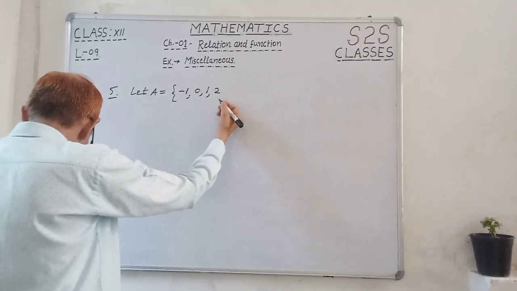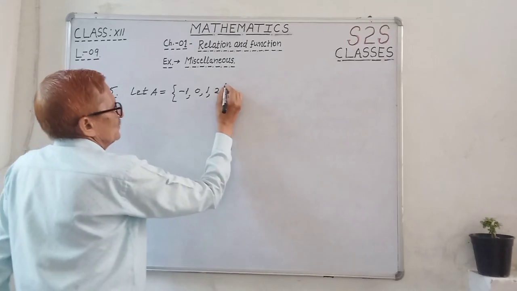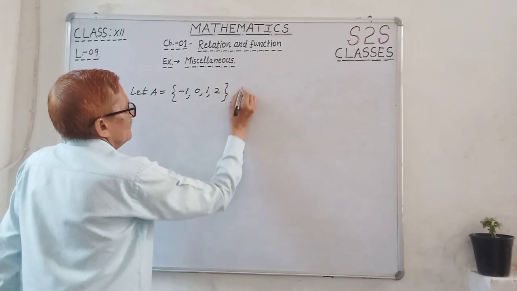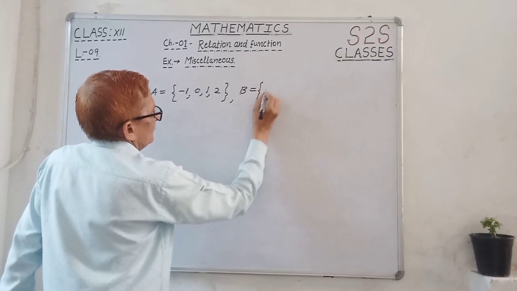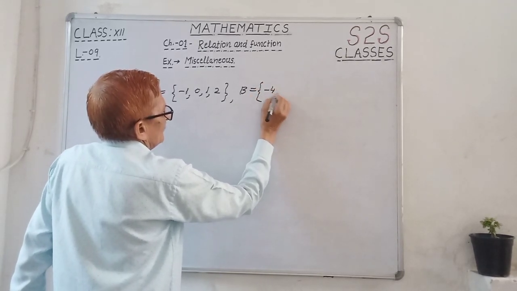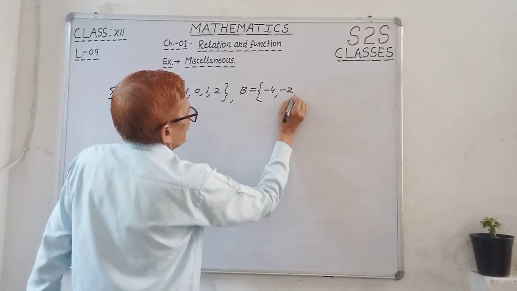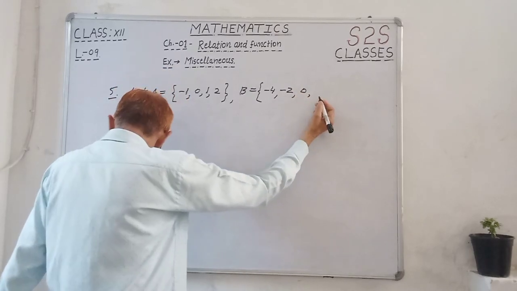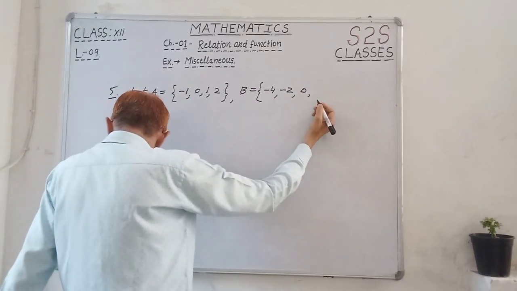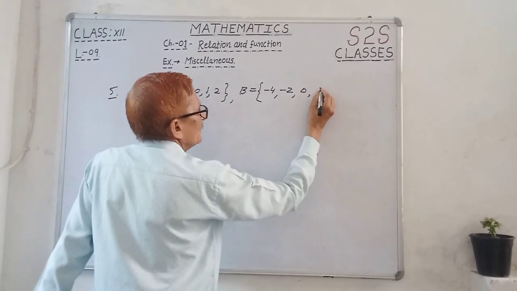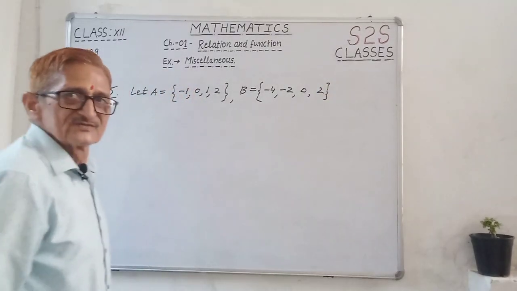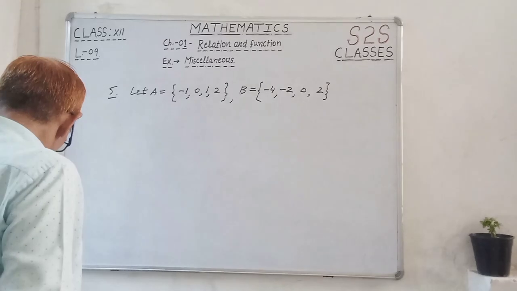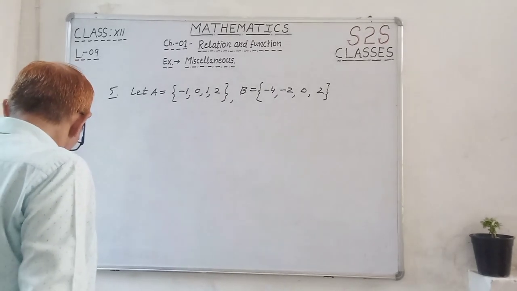This is set A, and B is minus 4, minus 2, 0, 0 and 2. This is set B. Set A and B like this. Okay.